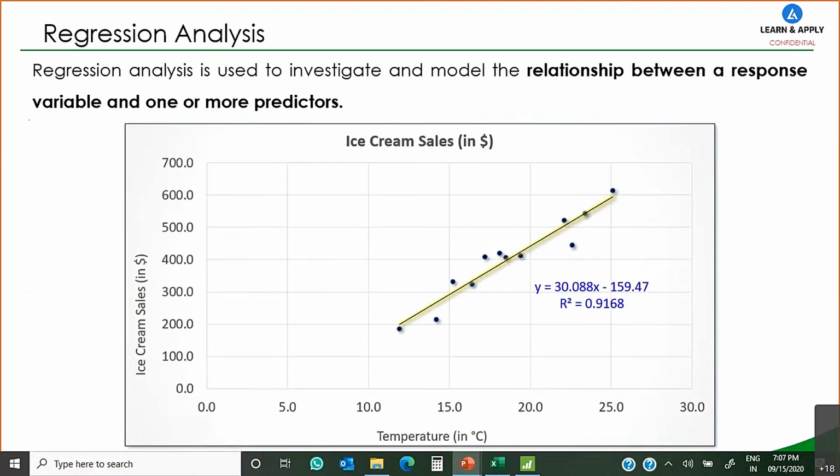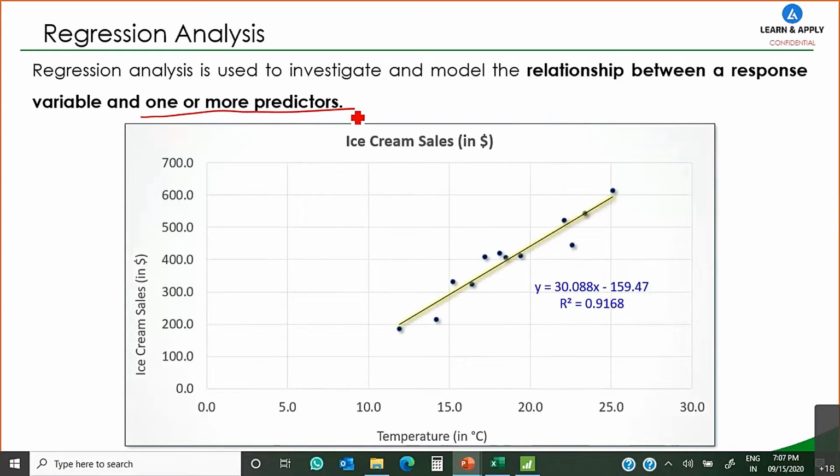Now, we have seen what correlation is and how to calculate it, using the formula CORREL. Now, we are going to see what regression is. Regression analysis is used to investigate and model the relationship between the response variable and one or more predictors.